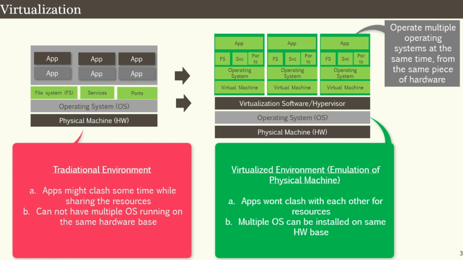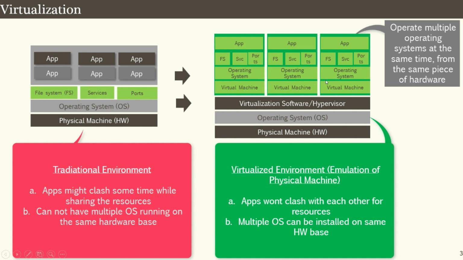Here, you have multiple apps running in multiple OS, and also note important things. Look here. This may be one operating system, this might be another operating system, and this may be a different operating system, which will differ from the host machine operating system. So, contrary to that, here apps won't clash with each other for resources.